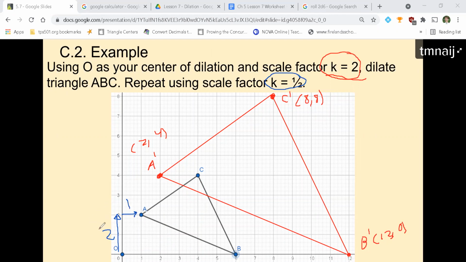If I multiply both of those by 1/2, 2 times 1/2 is 1, and 1 times 1/2 is 1/2. So now instead of going up 2 over 1, I'm going to go up 1 and then over a half. So it'd be like right there.